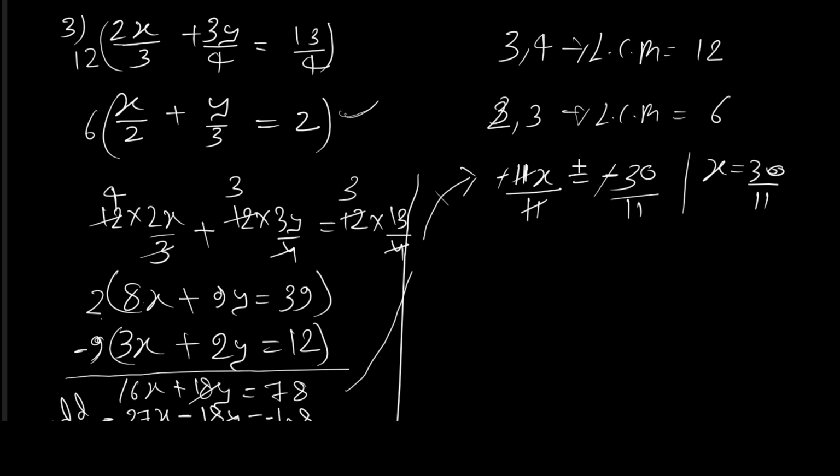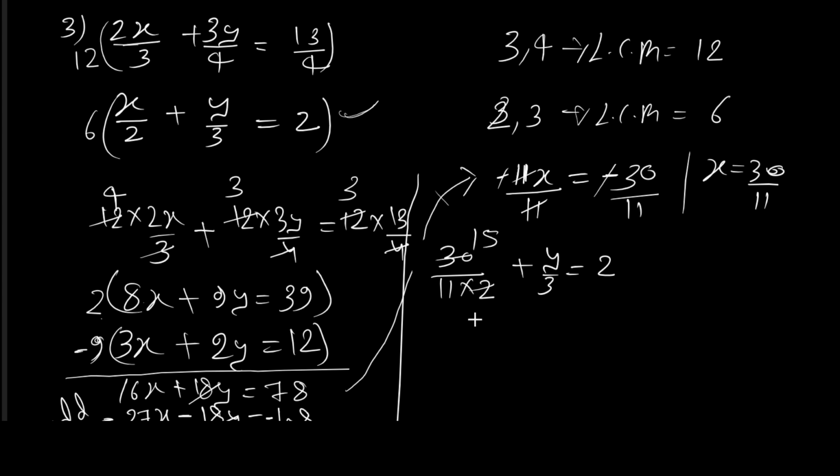So let's plug x equals 30 over 11 into the second equation. We have x over 2, which means 30 over 11 divided by 2, plus y over 3 equals 2. If we divide 30 by 2, it will give us 15.